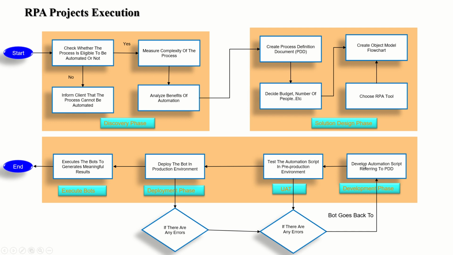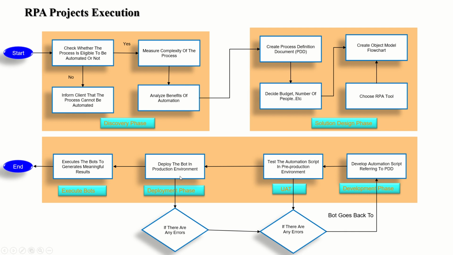Then we connect to the development phase. In the development phase, referring to the PDD, we develop and test the automation script in a pre-production environment. That is UAT, user acceptance test. We need to test that bot thoroughly. If there are any errors in UAT, the bot goes back to the development phase. If UAT is successful, then we deploy the bot in the production environment.